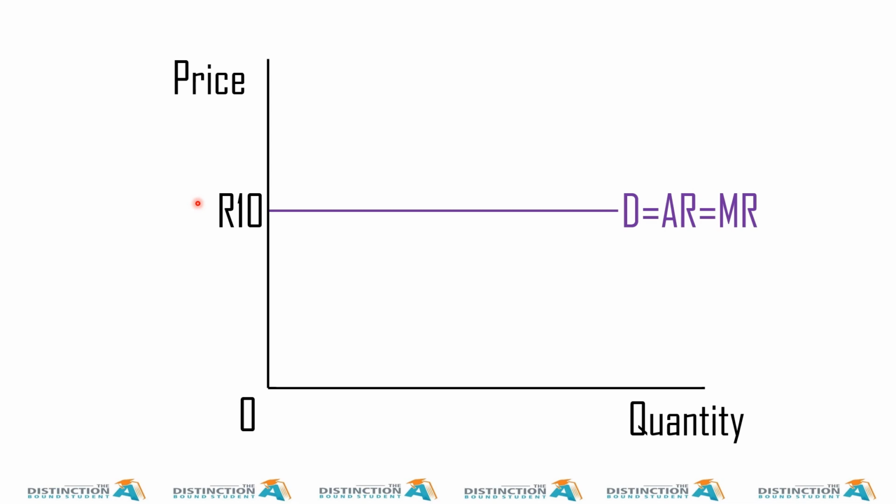The demand curve being horizontal tells us that this individual is a price taker as well. So we have our demand being equal to average revenue and equal to marginal revenue. If you don't understand that concept, you need to watch the lesson that introduces graphs in as far as perfect competition is concerned. That way you are going to understand why it's like that.